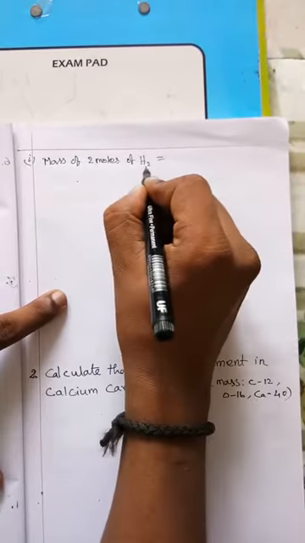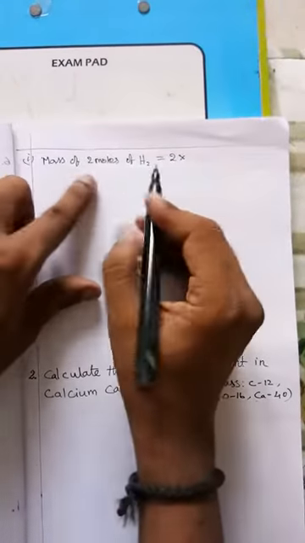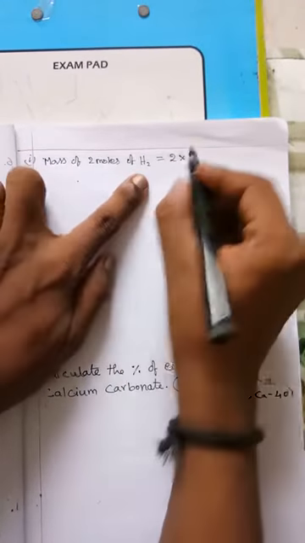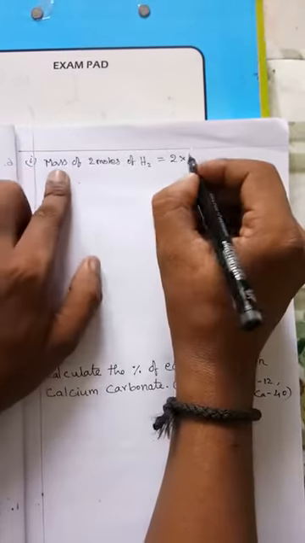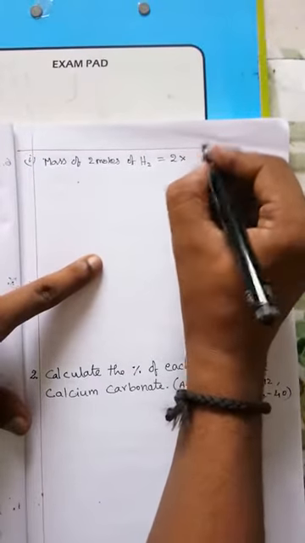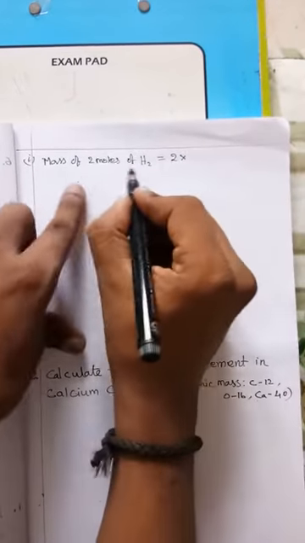How many hydrogen atoms are there? 2 hydrogen. How many moles? 2 moles.